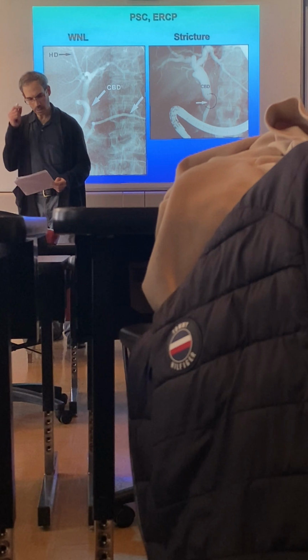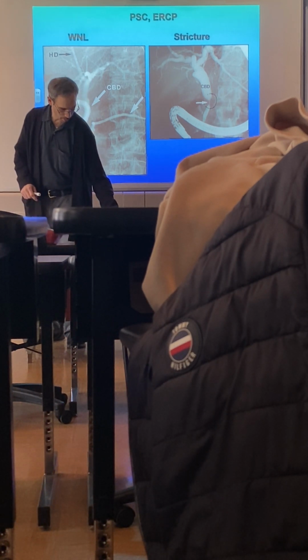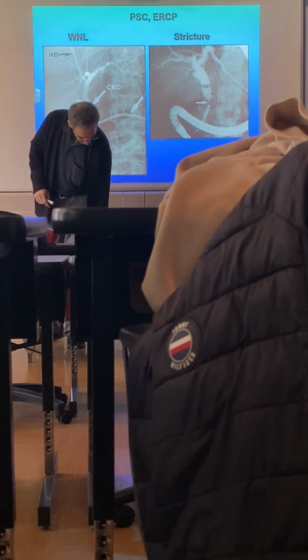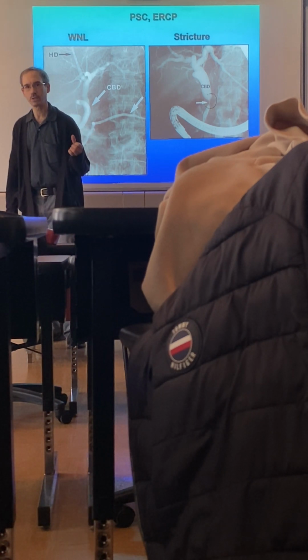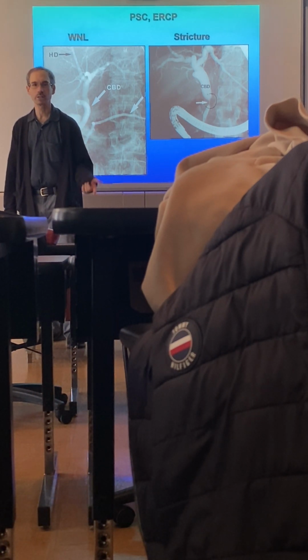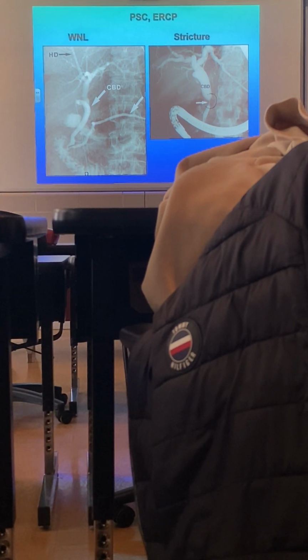Okay, any questions on that? Okay, so last topic, we're going to take a look at the pancreas, and we're going to take a look at pancreatitis. There's an acute form and a chronic form of pancreatitis. Acute pancreatitis doesn't present with anything subtle.